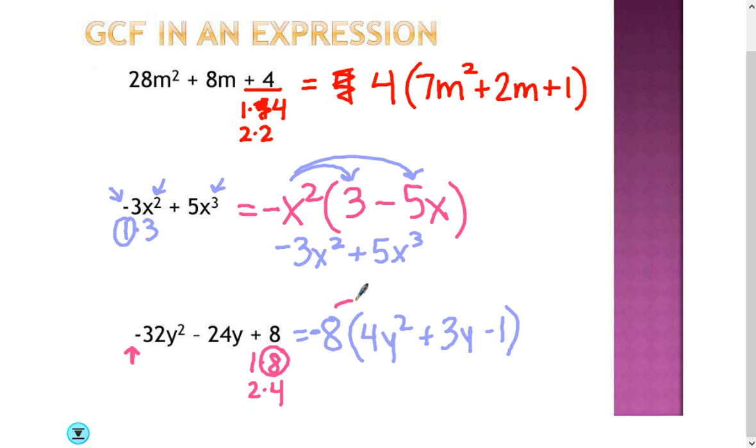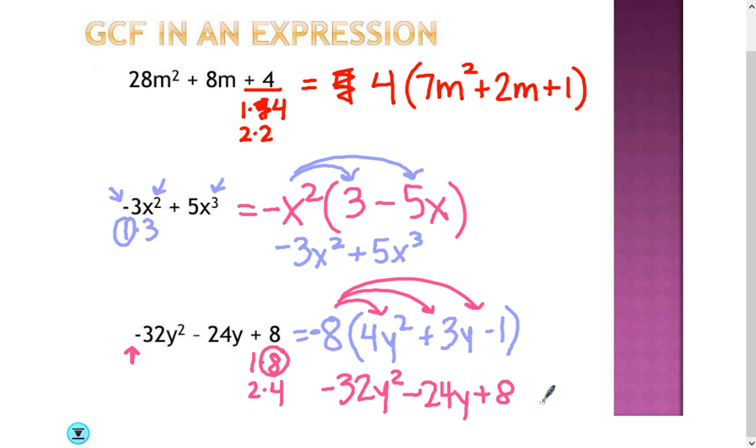So again, check yourself by redistributing this and making sure it takes you back to your original answer, negative 32y squared minus 24y, and then my negative times a negative will get me my positive 8 back, landing me at my original answer. All right, if you have any questions, come see me.